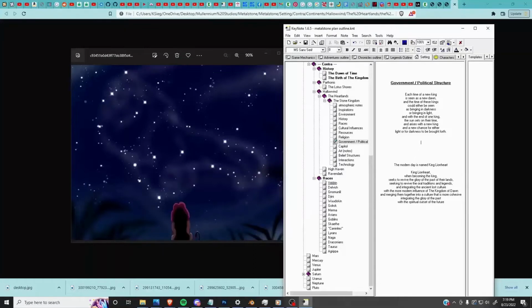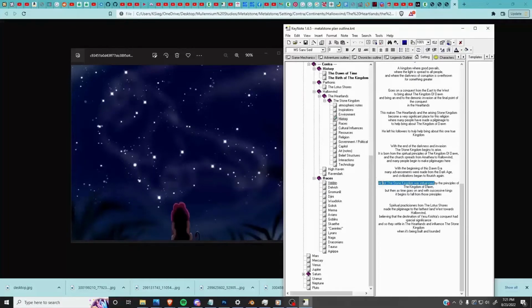Now, since this is a kingdom that has a basis in Christianity, I was planning for the knights and warriors of the army to be seen as holy crusaders. As mentioned earlier, they're basically seen as a warring and protective force of good. But as we mentioned in the history, the Stone Kingdom was influenced by the principles of the Kingdom of Dawn at its founding.